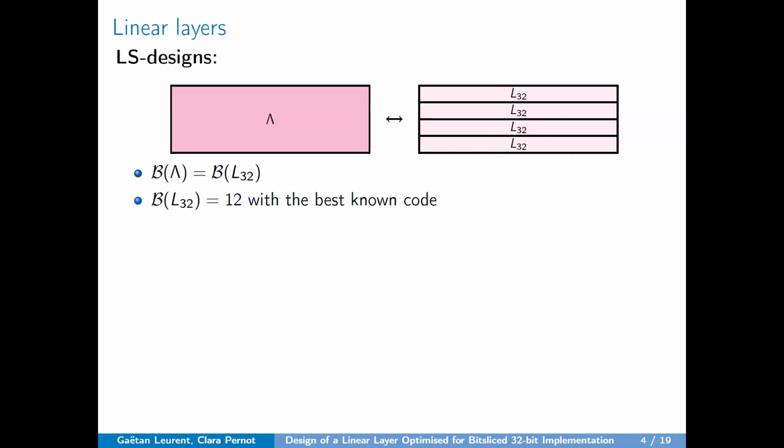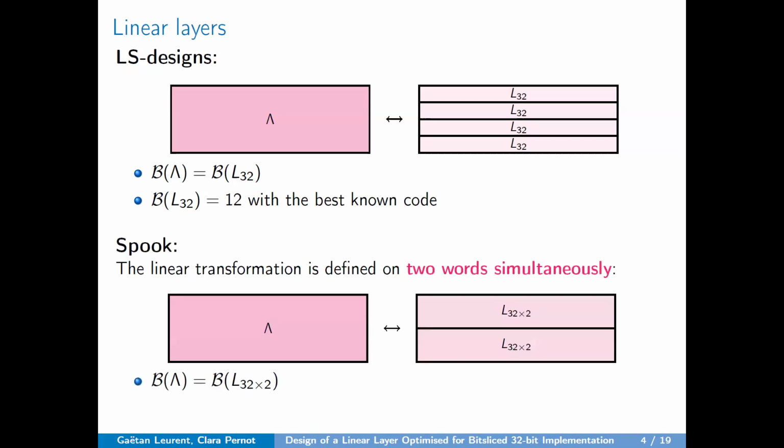And then here in the LS design, the branch number is 12, and it corresponds to the best known code over those sizes. And then another cipher was proposed. So this cipher is Spook, and in Spook, the linear layer is composed of 2 linear layers that operate on 2 32-bit words. And here, for the same reason, the branch number of Lambda is the branch number of 1 small linear layer, and the branch number is 16. So it's bigger than in the LS design.